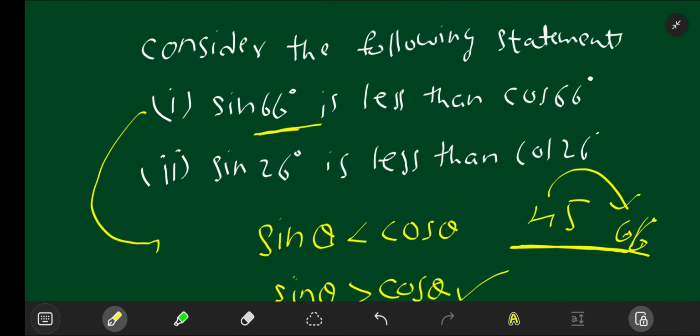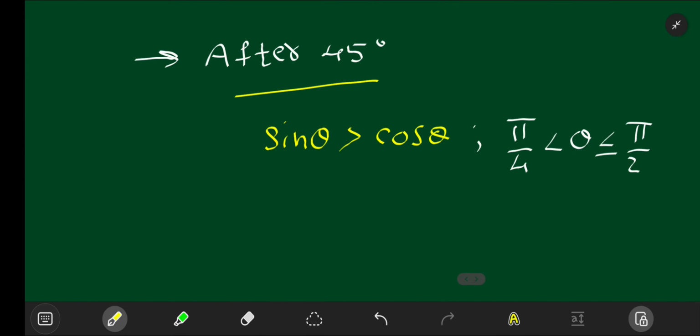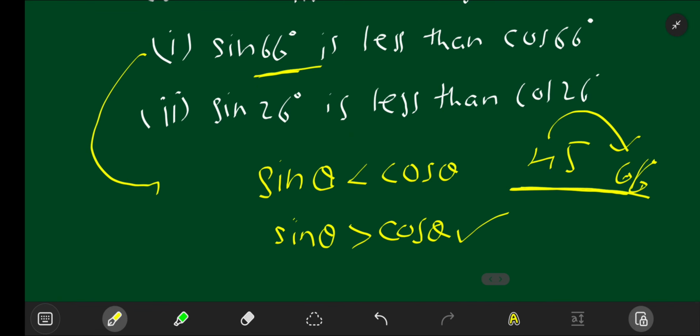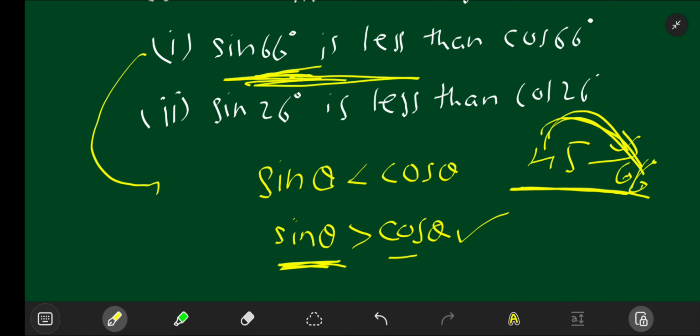In the previous slide only we have seen this. After 45 degrees, sin theta is greater than cos theta. Yes or no? So 66 degrees comes after 45, so sin theta is big and sin theta is greater than cos theta, but they are saying sin theta is less than cos theta.